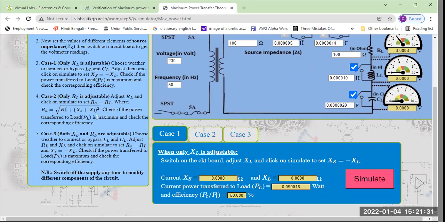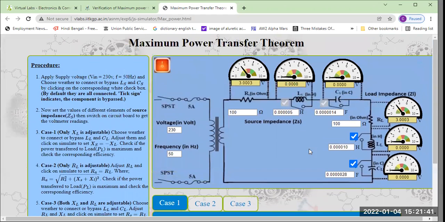Check if the power transfer to load PL is maximum and check the corresponding efficiency. Okay, so RA equal to RL.